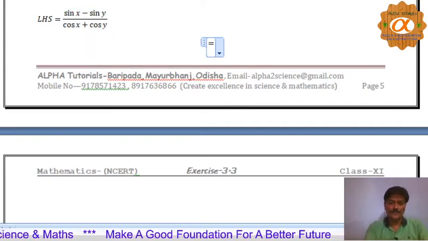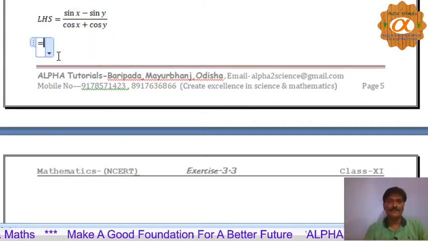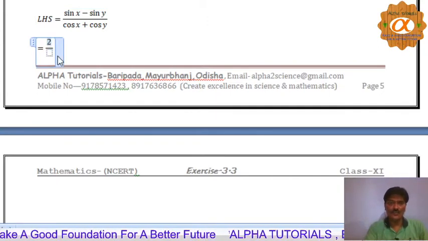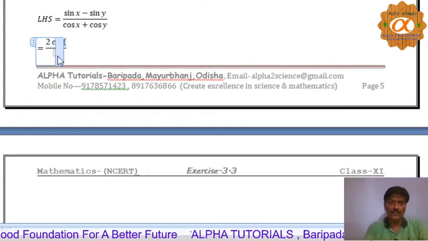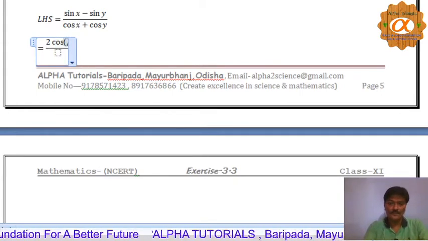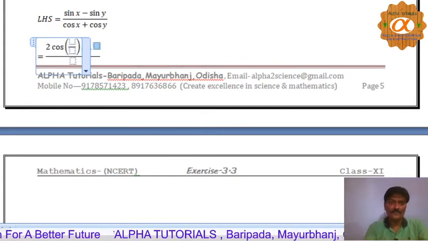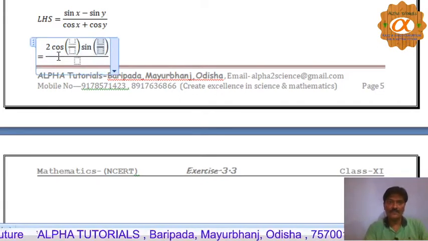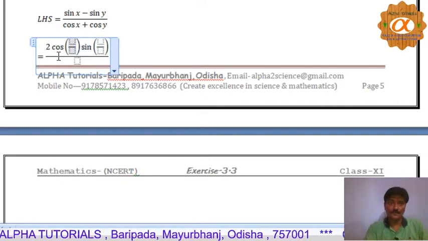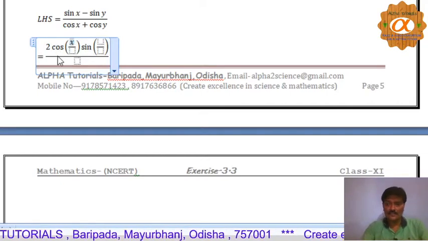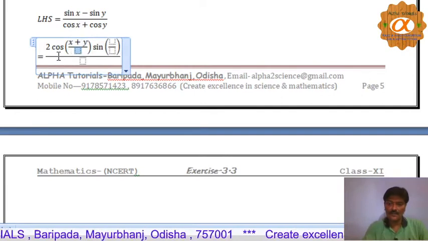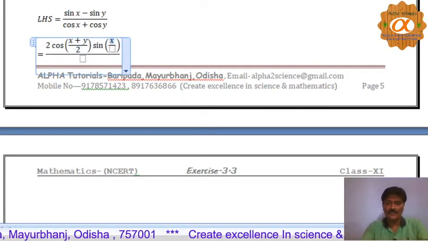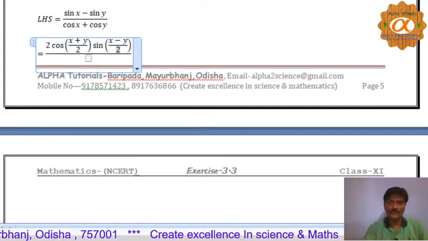On the numerator part, it is sin a minus sin b, and sin a minus sin b is equal to 2 cos a plus b by 2 and sin a minus b by 2. That becomes x plus y by 2 and x minus y by 2.